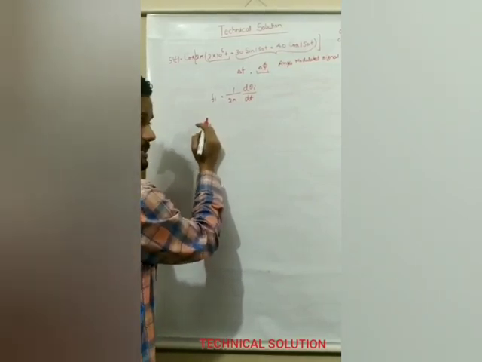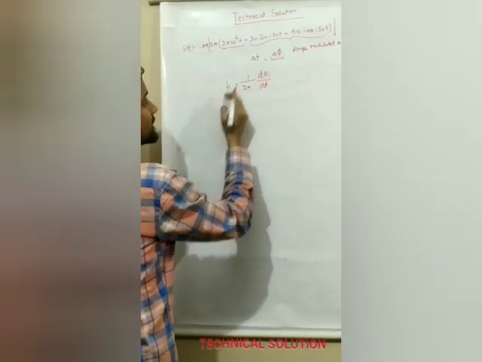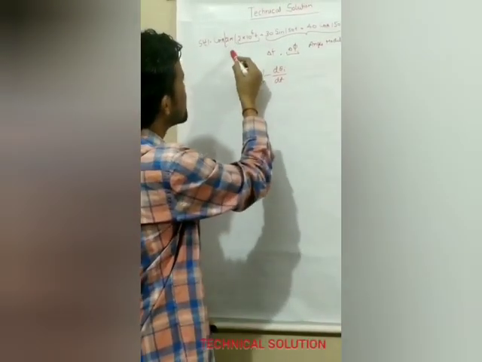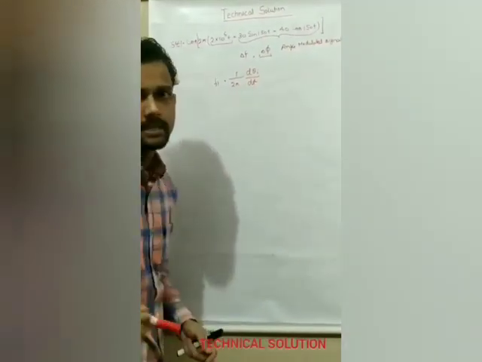To get the frequency deviation, we have to differentiate this equation, putting this θi inside it.